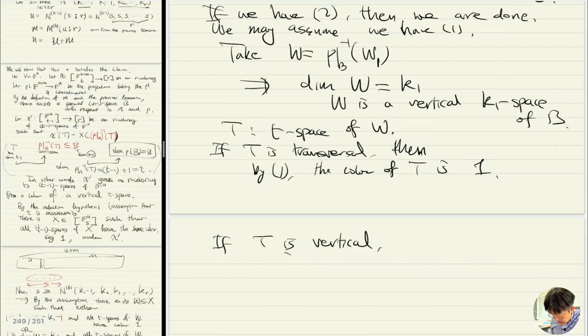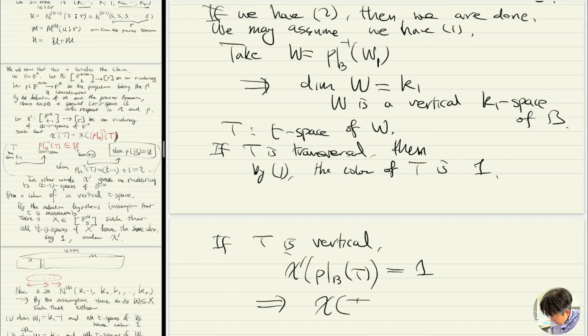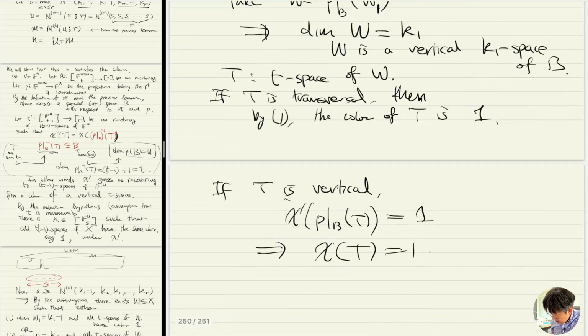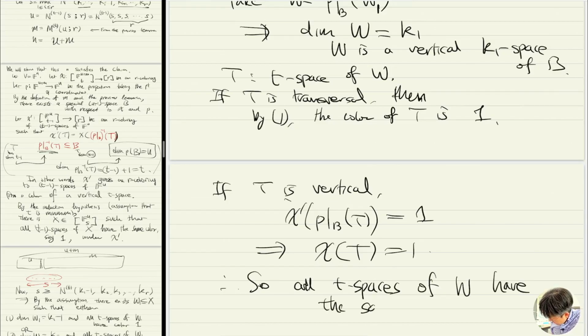If T is vertical, that means, remember, chi prime of PT, when you take a projection, was 1. So that means chi of T is 1. So all t spaces of W have the same color. Okay?